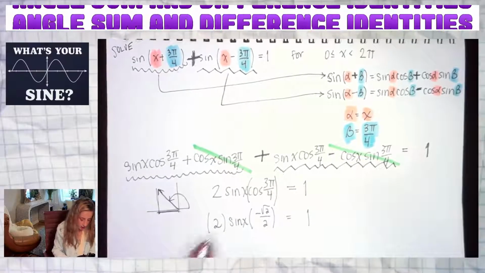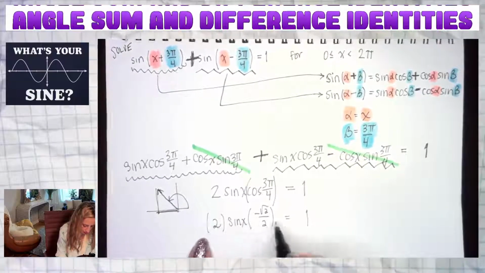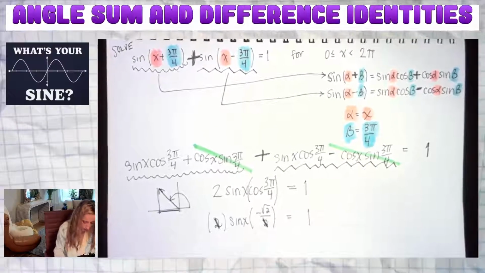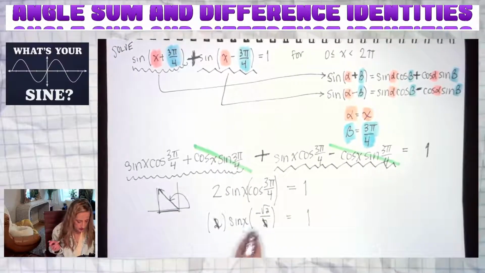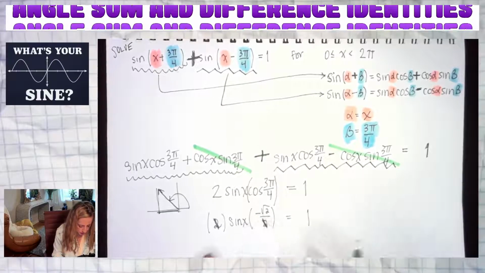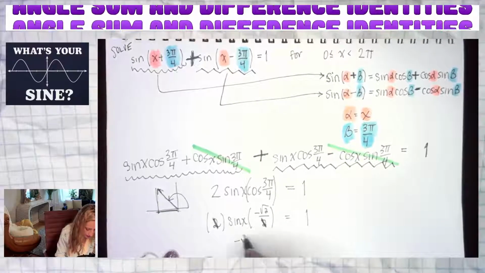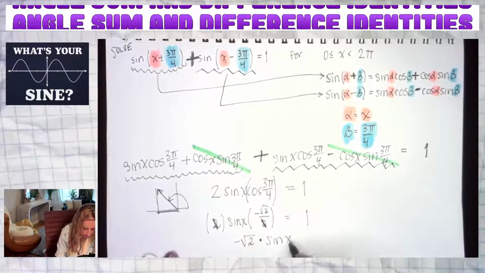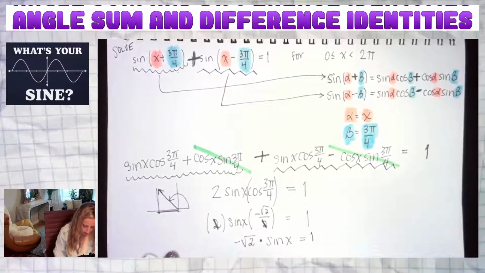And what else can we do? We can reduce. These are being multiplied, so 2 on top and 2 on bottom reduces. That leaves us with, this is not subtraction, it's multiplication, negative square root 2 times sine x equals 1.